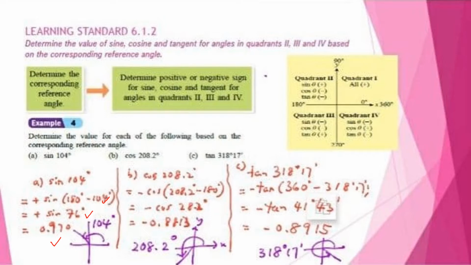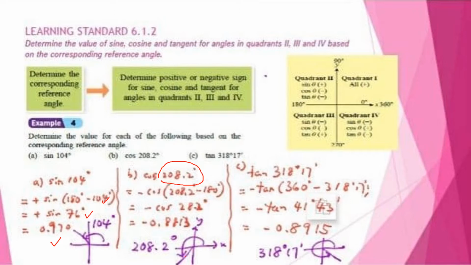0.97. For B, cos 208.2 degrees, this theta is in quadrant 3. So to find the corresponding reference angle, we know that in quadrant 3, cos is negative, only tangent is positive.